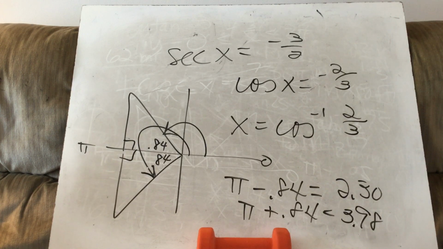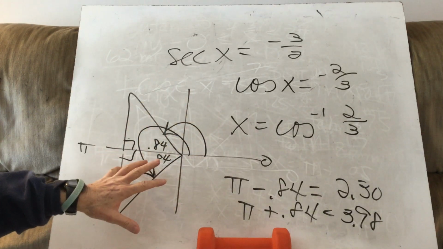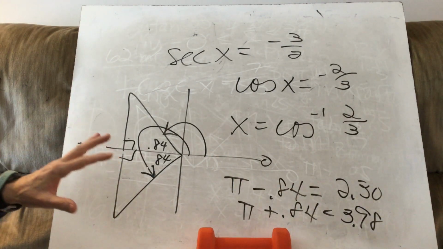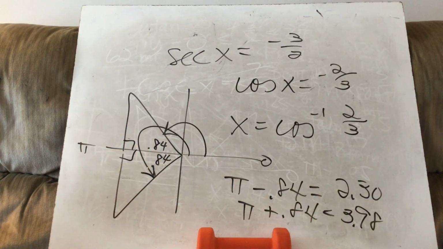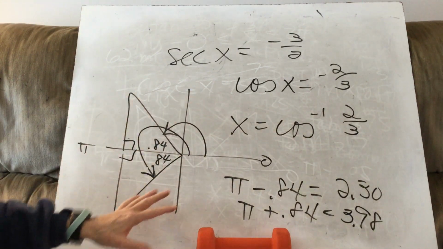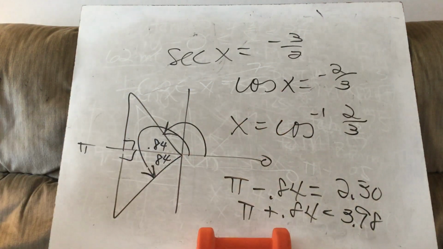And then you make whatever adjustments are necessary to get the actual answers. The only time the reference angle will be an answer is when you're in quadrant 1. If you're other places, you're going to have to make the adjustments. Okay?